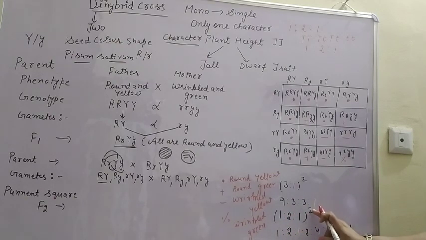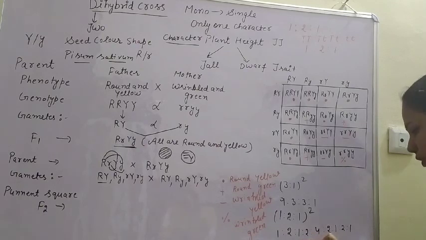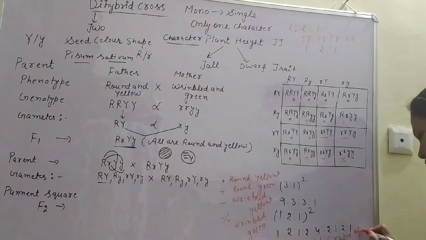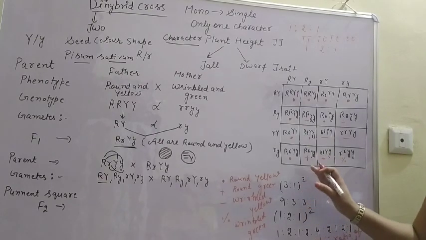Then you scale. So 2 into 1, 2. 2 into 2, 4. 2 into 1, 2. So 2, 4, 2. Then again you have to write 1, 2, 1. So that is the genotypic ratio of the dihybrid cross.